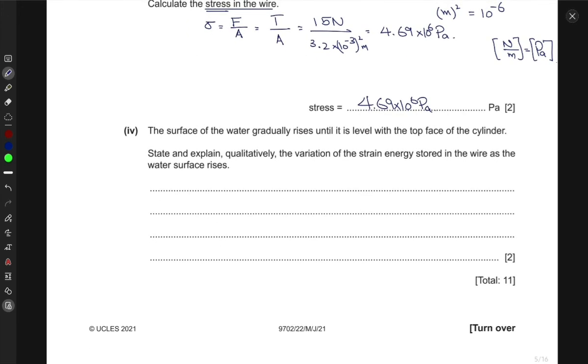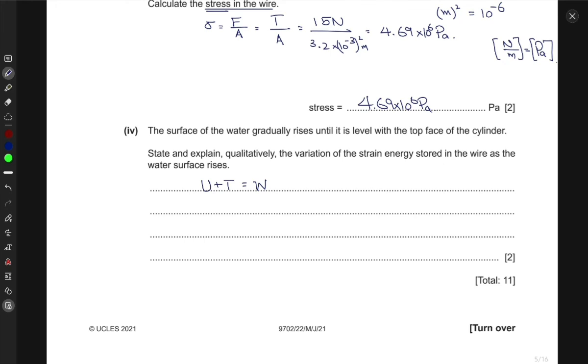Now, part 4 of the problem states that the surface of the water gradually rises until it's level with the top surface of the cylinder. State and explain qualitatively the variation of strain energy stored in the wire as the water surface rises. So basically, we know that in an equilibrium state, the equation that we had was that the sum of upthrust and tension was balancing the weight of the cylinder.